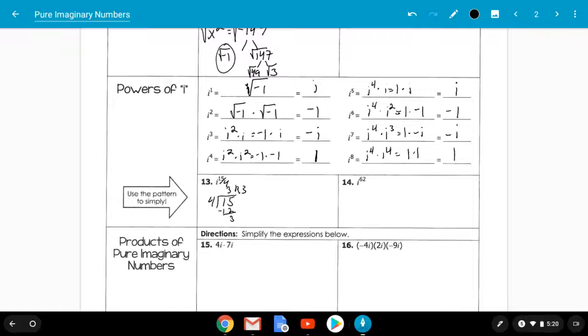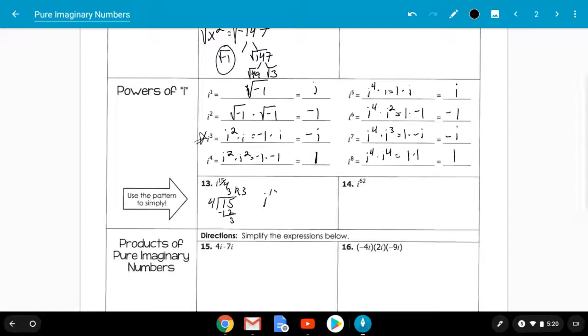What does that mean? It means it follows that pattern, so i to the 15th is the same thing as i to the 3rd, which is negative i.